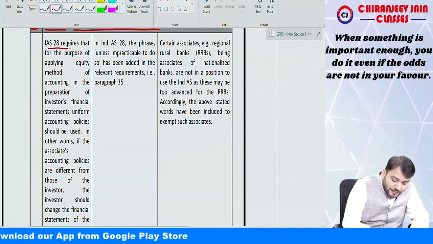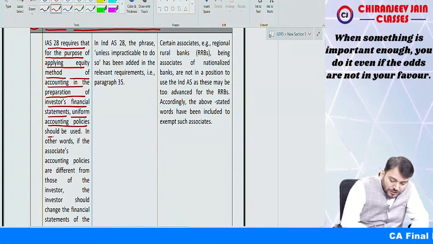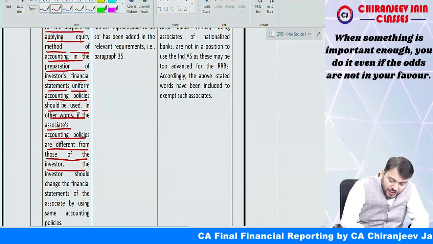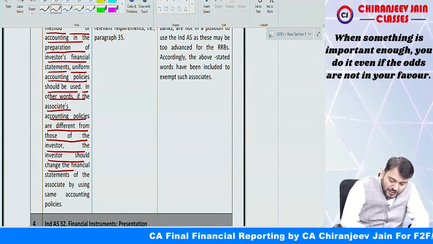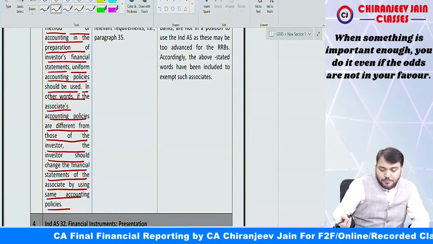IAS 28 requires that for the purpose of applying the equity method of accounting in the preparation of investor financial statements, uniform accounting policies should be used. In other words, if the associate's accounting policies are different from those of the investor, the investor should change the financial statements of the associate by using the same accounting policies.